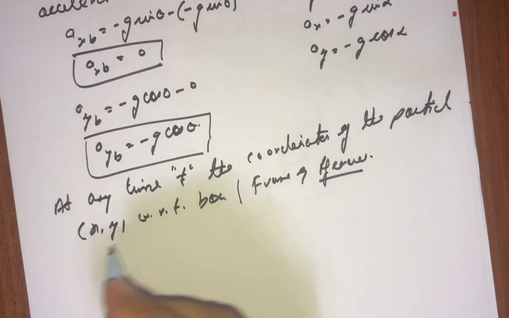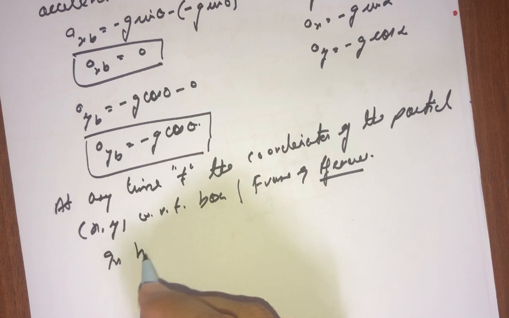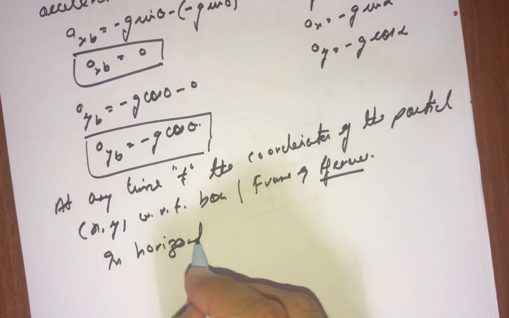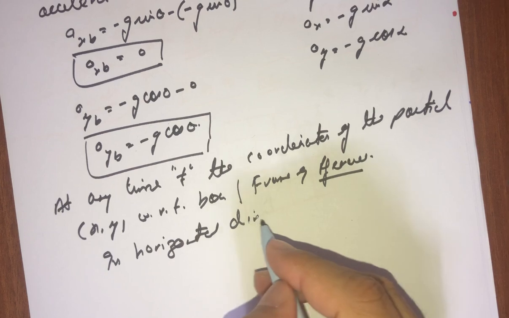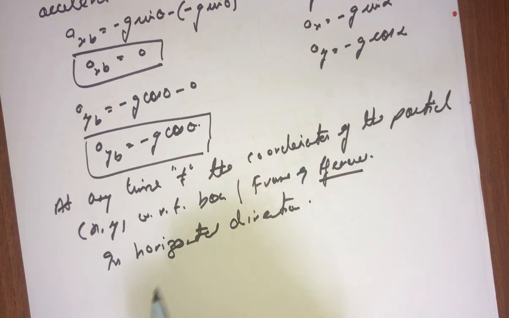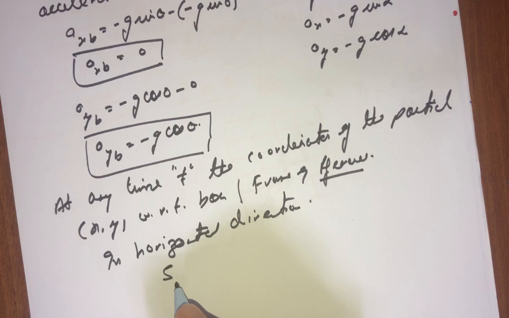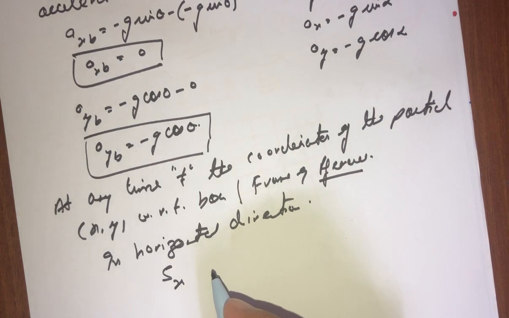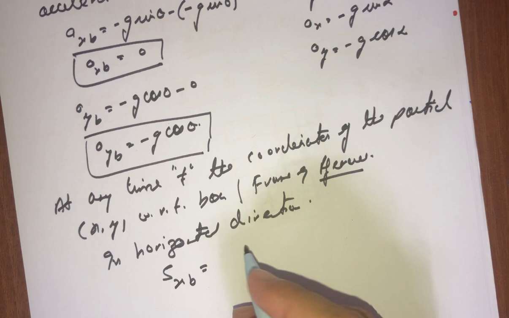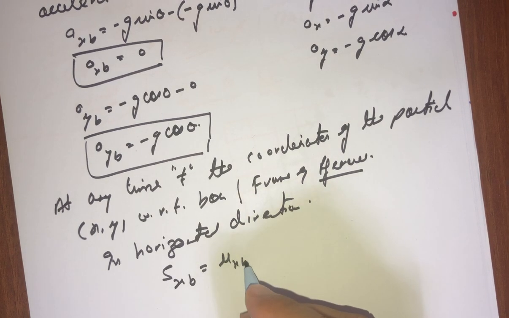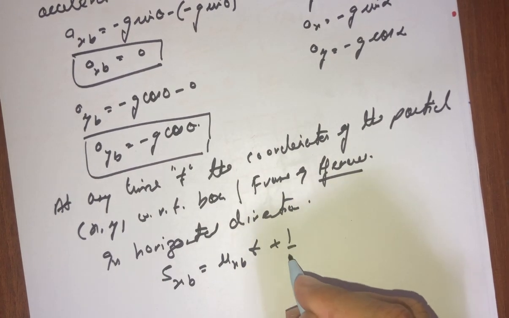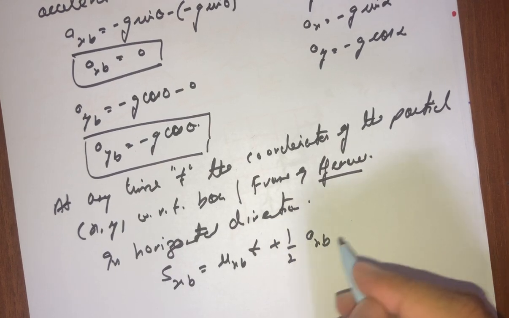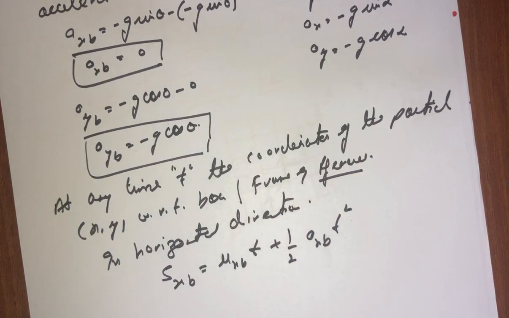So in the horizontal direction, the distance x with respect to the base is equal to uxb multiplied by t plus 1/2 axb t square. Now axb is already 0, so this term will be 0, and let us say that sxb is given as x.